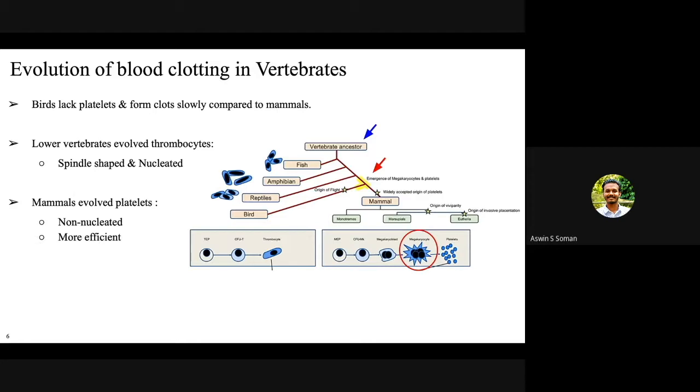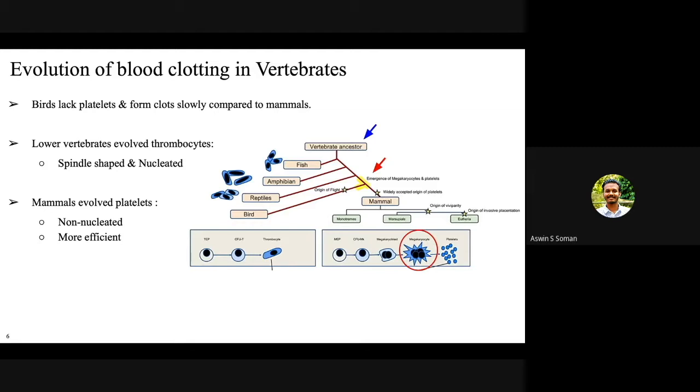Mammals have evolved platelets, and these platelets are thrombocytes that are equivalent to other non-mammalian vertebrates. Although the evolutionary path that led to this origin of platelets in mammals is still a mystery, it has been proposed that platelets have several advantages over other thrombocytes, such as faster aggregation, and they have several other roles which might explain why they have evolved.